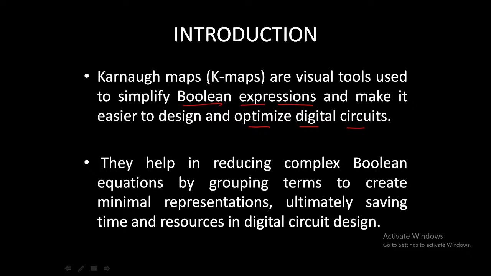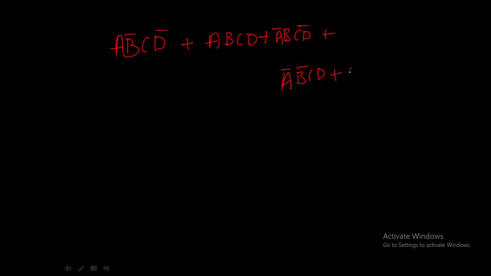For example, if we have a Boolean expression, let's say a b bar c d bar plus a b c d plus a bar b c d bar plus a bar b bar c d plus a b c d whole bar.